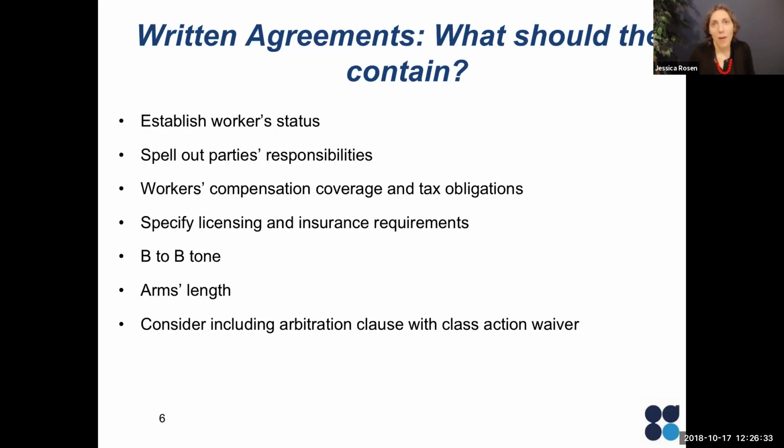And then finally, and probably most importantly, is an arbitration clause with a class action waiver. Because this is where, if you get it wrong and you misclassify your workers, and you have a large number of workers at risk of suing you, if you include a class action waiver, there is a very strong likelihood that individuals will have to bring claims themselves and not be able to band together to bring a claim.